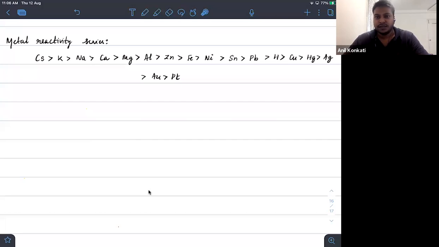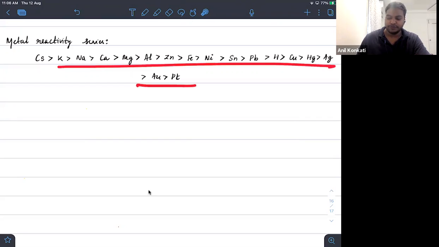Gold has been used as one of the important commodities. Okay, and the reason for that is its reactivity. It is very less reactive as compared to other metals. Got it? पानी में भी डालो गोल्ड को कुछ नहीं होगा, एसिड में डालो, बेस में डालो, गोल्ड को कुछ नहीं होता है. It does not react that easily. Clear? So this is the reactivity series.